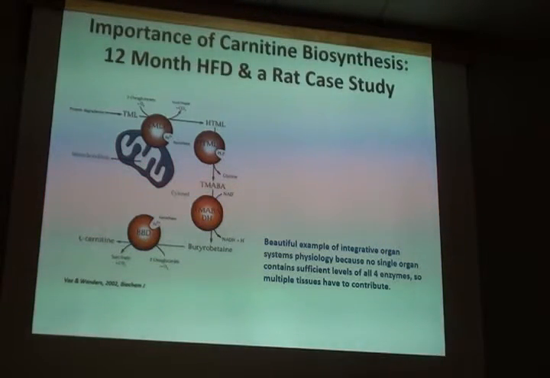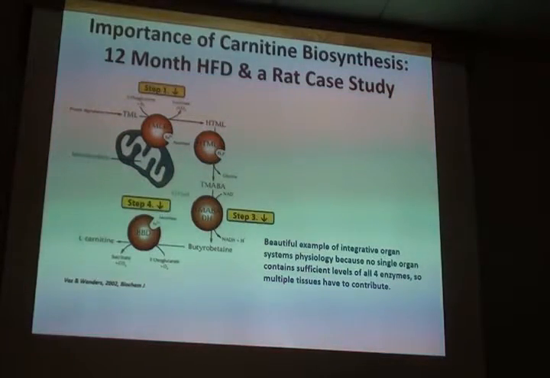So we did a study where we gave rats a high-fat diet for 12 months, and then we did carnitine supplementation with them, but I'm not really getting into that. This is just to emphasize the importance of carnitine biosynthesis. We saw that with this 12-month high-fat diet, we had decreases in 3 of the 4 enzymes involved, so it seems like there's a potential decrease in carnitine biosynthesis.